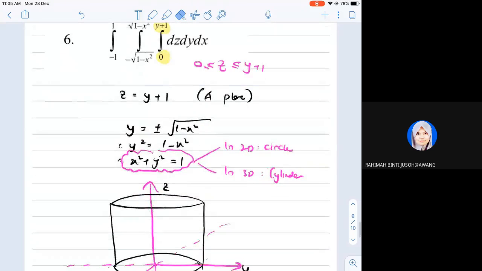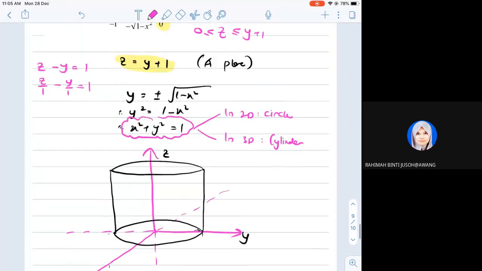Okay, now let us sketch this. Z, y plus 1 ni. By using intercept form, this should be z minus y equals to 1, isn't it? So z over 1 minus y over 1 equals to 1. Okay, did you agree with me?